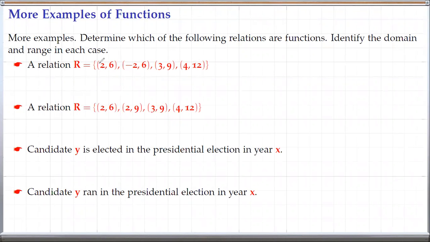There is no other 2 over here as x value. -2 is being mapped to 6 only, 3 is being mapped to 9 only, and 4 is being mapped to 12 only. So we see each x value is mapped to only one y value. That means, therefore, this is a function.